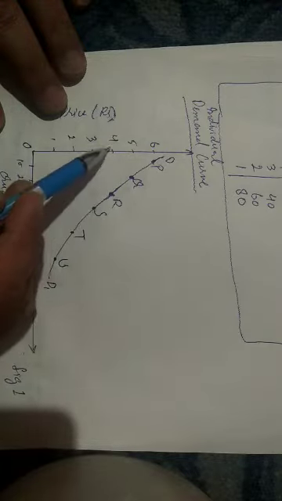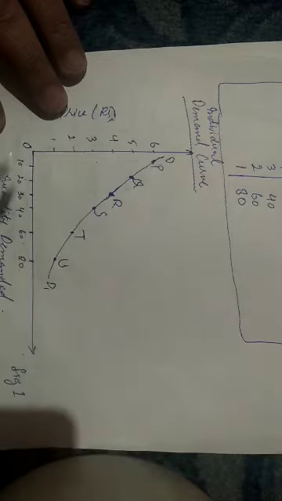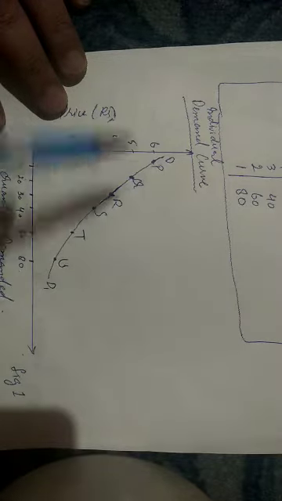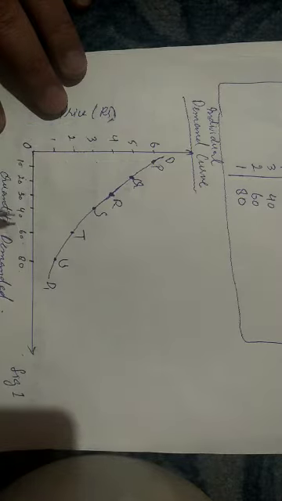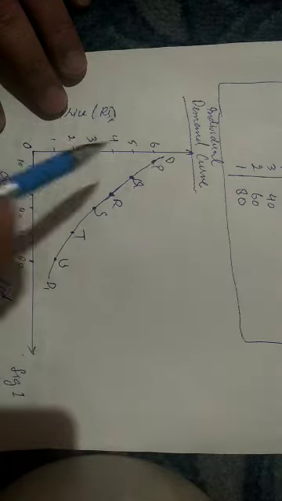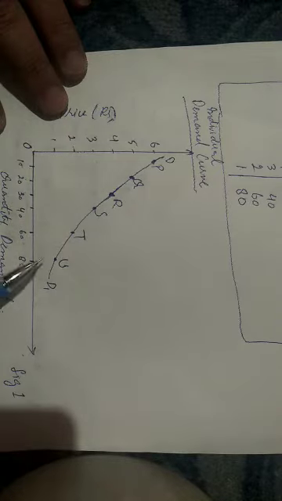When the price decreases further, the demand increases further. You see, as soon as price is decreasing, the demand is increasing. You can see in these dots the demand is increasing from 10 to 20, 20 to 30, 30 to 40, 40 to 60, 60 to 80 kgs. Now, when the price is rupees 1 per kg, the demand is 80 kgs.